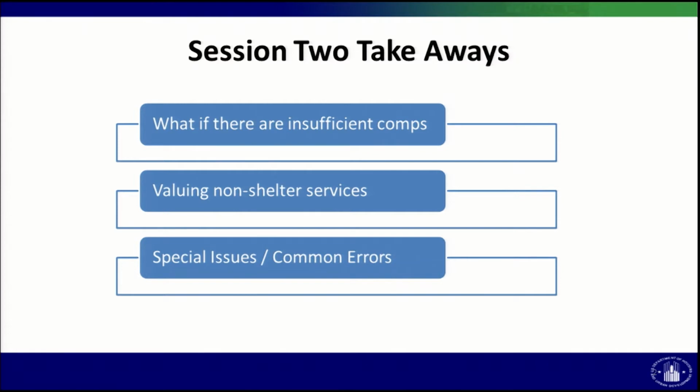Number 2, I hope you see the difference between valuing services that are paid for separately by the tenant and those included in the tenant's rent. Finally, I hope you're better aware of some of the special issues, errors, and items that we hope appraisers will pay particular attention to when preparing RCSs in the future.